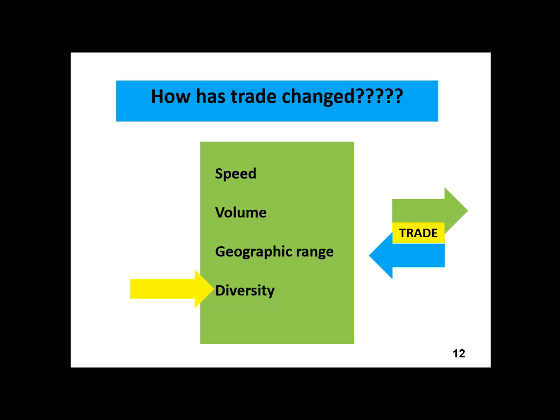But nowadays we can just go into the grocery store and we can buy fruits from all over the world and vegetables from all over the world and meat and all sorts of different things that have come from all over the world. So the diversity of goods has grown. And lastly, trade has become really, really complex.